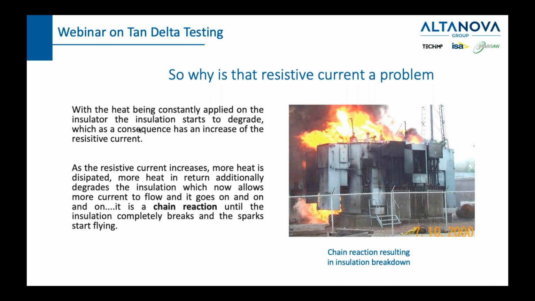So bigger resistive current, bigger losses, bigger degradation, bigger resistive current, bigger losses, bigger degradation. So it's a vicious cycle, and it's a chain reaction until the insulation completely breaks and sparks start flying. So in order to avoid something like that, we need to understand in which point is our insulation.